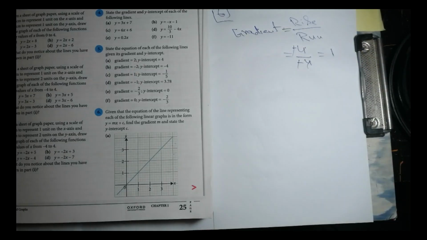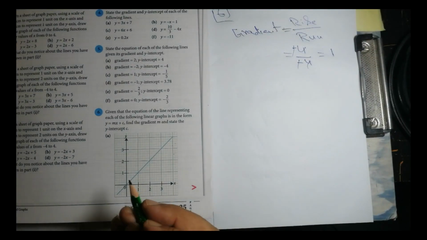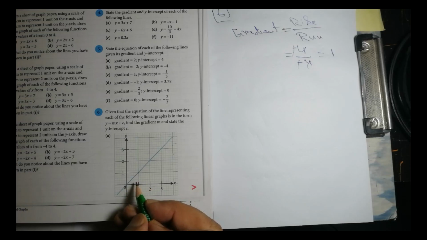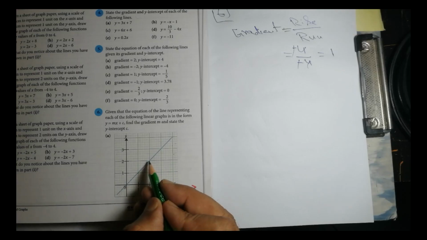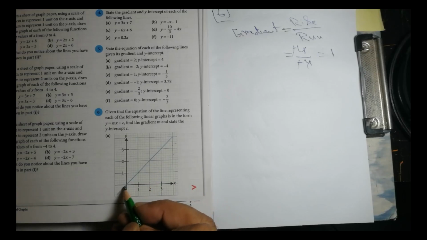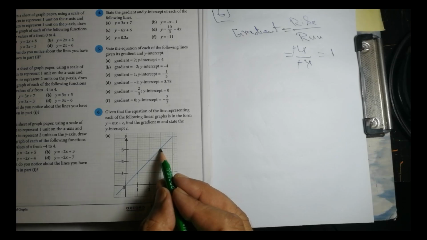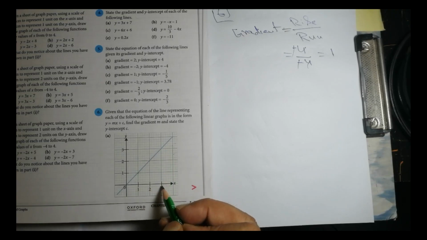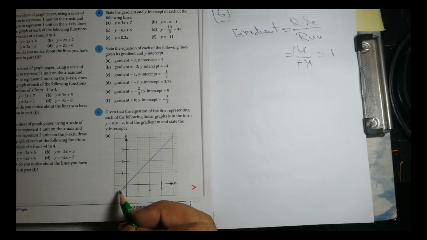So the minus cancels with this one, 4 ones are 4, equal to 1. So gradient is 1. We can take any two. For example, if we take this point to this one, minus 1 over minus 1, this answer will be 1. If we take this point, this will be minus 2 over minus 2. Answer will be 1. If we take this point, this will be minus 3 and minus 3.